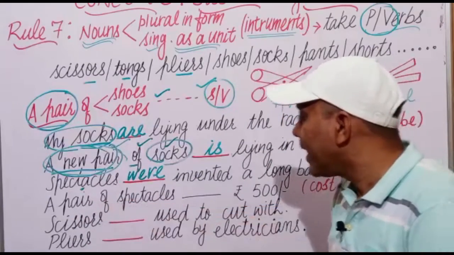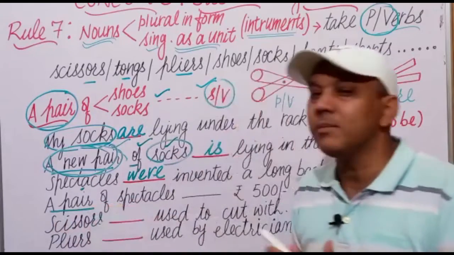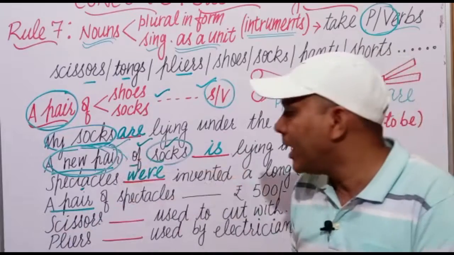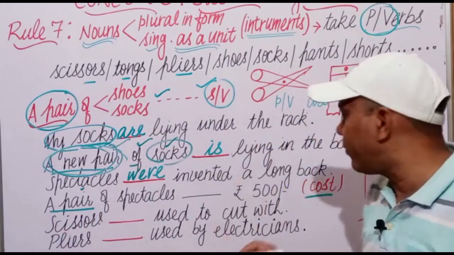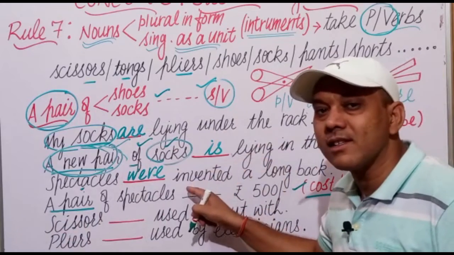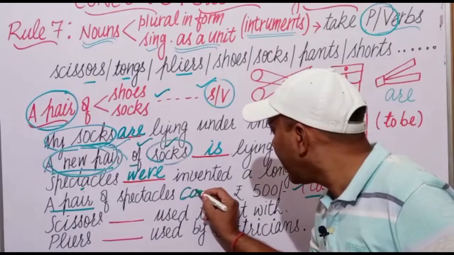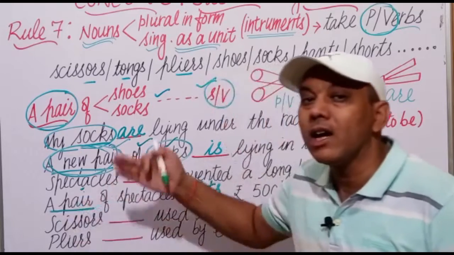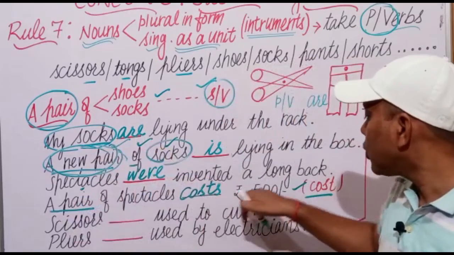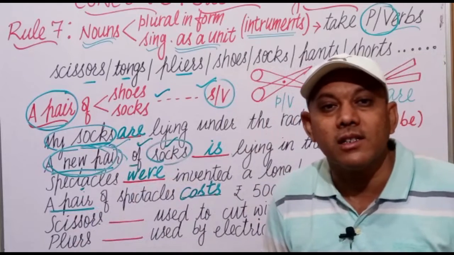A pair of, now it has become a singular subject. A pair of something, a pair of spectacles. We have to fill in the correct form of the verb cost in this sentence. So, we shall fill in a singular verb after a pair of spectacles: costs rupees 500.